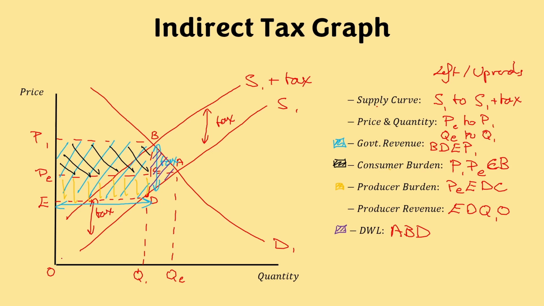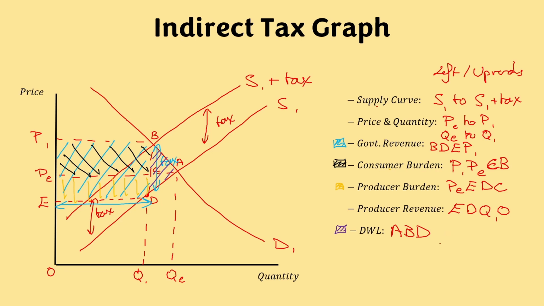Now, first of all, consumers have to pay more for the goods they want to buy, which isn't good for them. So that's a loss of welfare for consumers. And as we've seen, producers, instead of getting PE for the goods they sell, they now get only E. So this is also a loss of welfare on the part of producers.